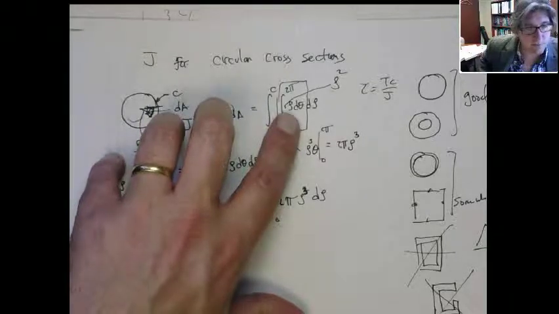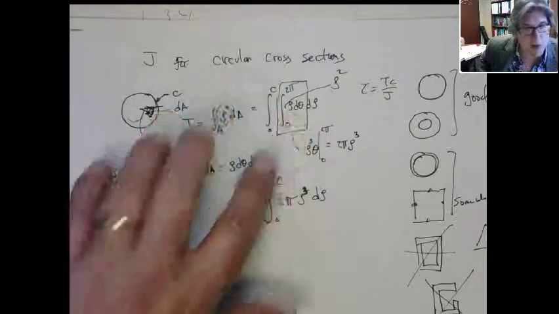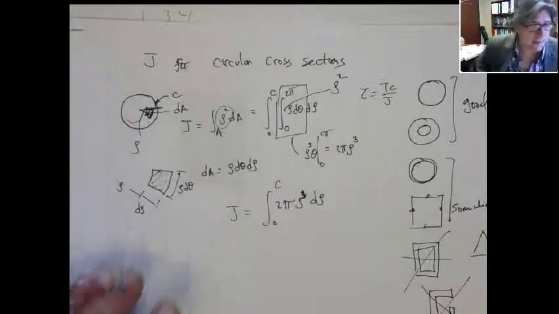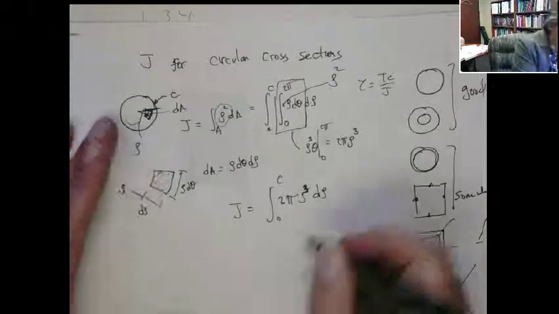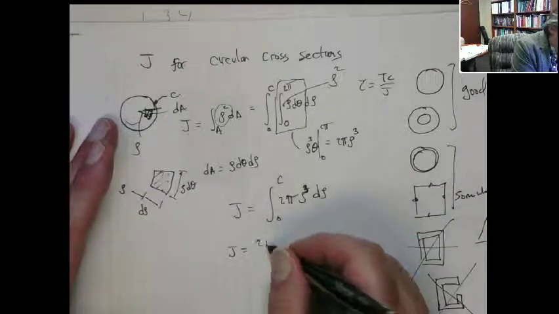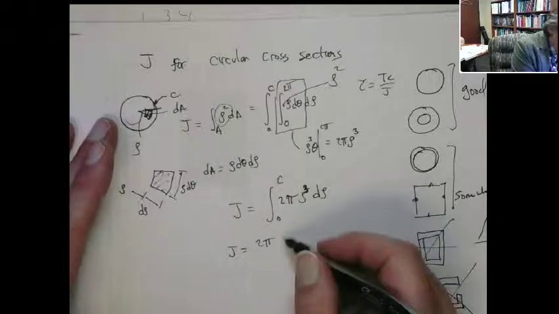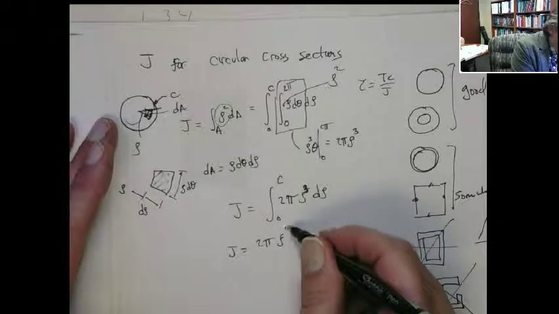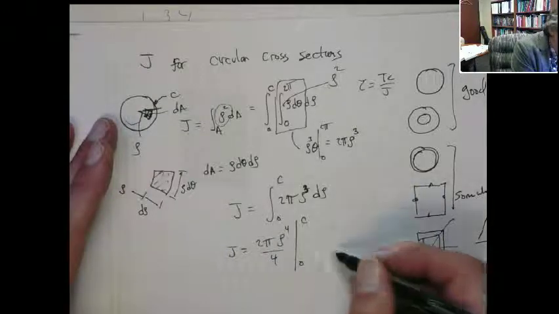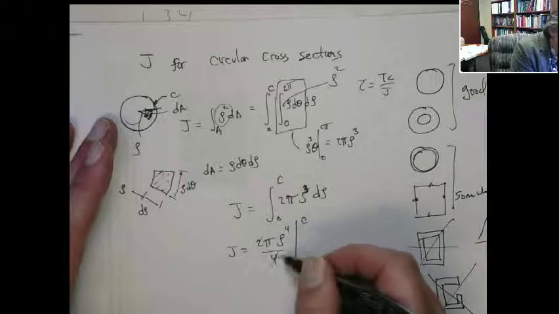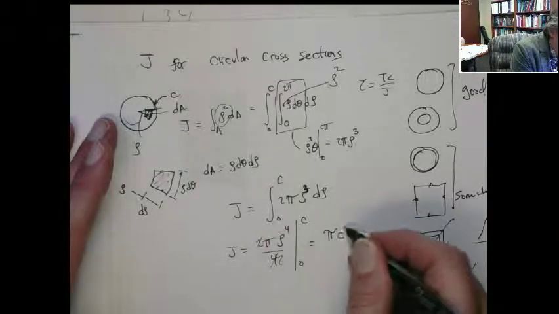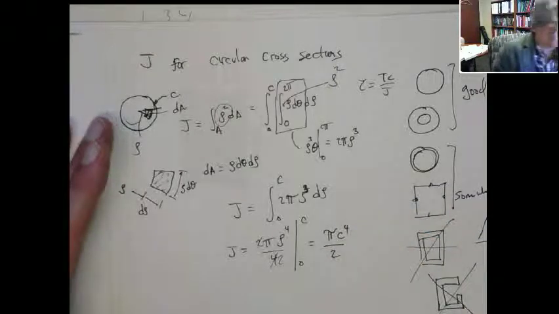So rho squared times rho gives me a rho cubed, and the first integral puts a 2 pi out. Now we just integrate with respect to rho. J is equal to 2 pi, and the antiderivative of rho cubed is one fourth rho to the 4th, integrated from 0 to c. The 2 cancels with the 4 down here, so this now becomes pi c to the 4th over 2.